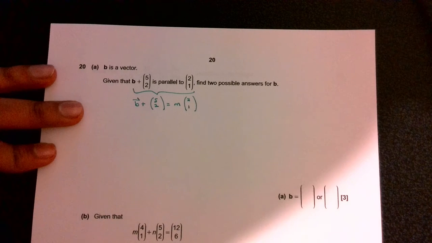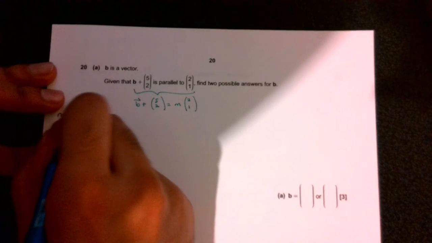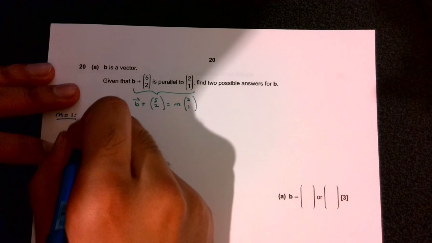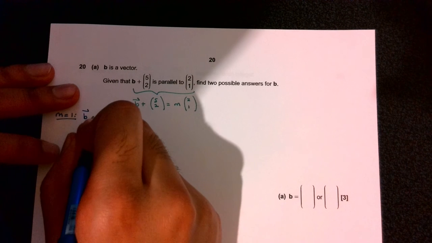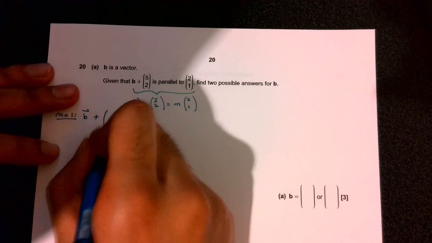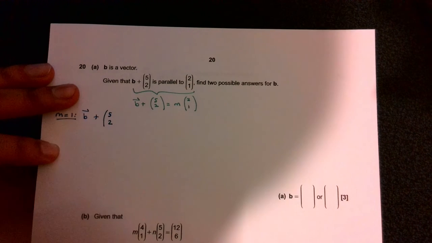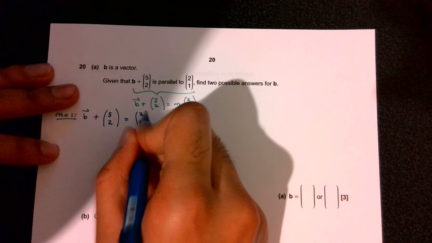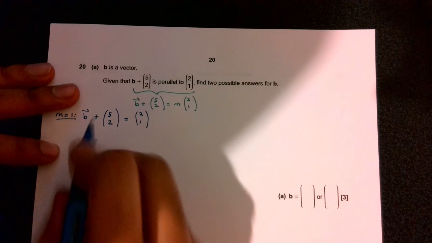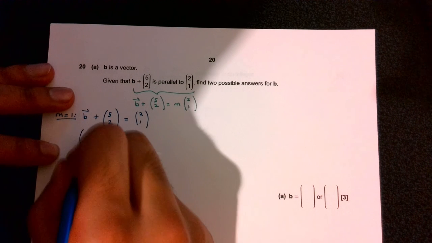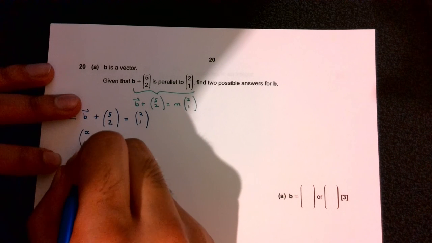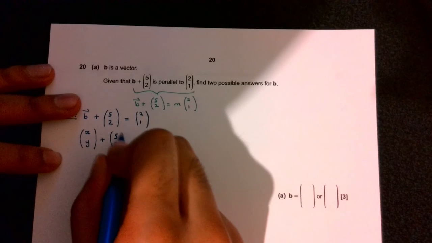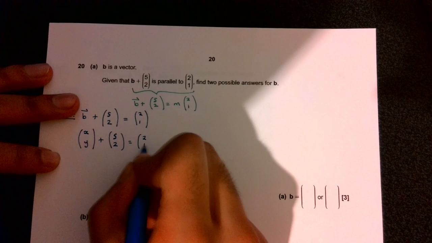For example, when m is equal to 1, what we have is the vector b plus (5, 2) equals (2, 1). If we call b x and y, we have (x, y) plus (5, 2) equals (2, 1).